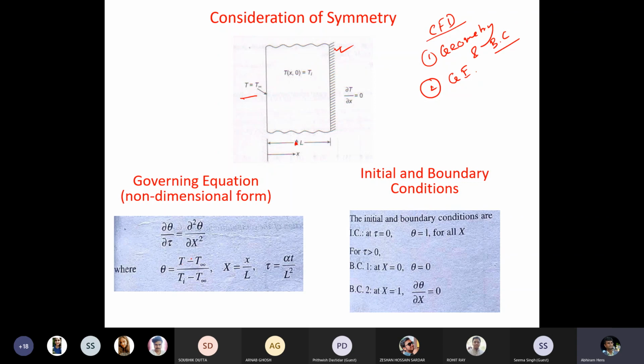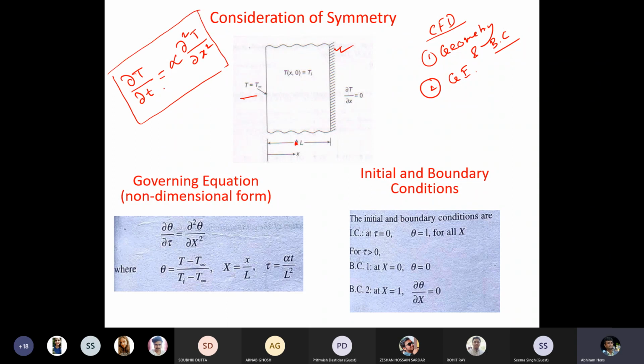Generally the equation should be dT/dt equal to alpha, which is known as thermal diffusivity, times delta 2 T by delta x square. So in dimensional form, the equation is like this.